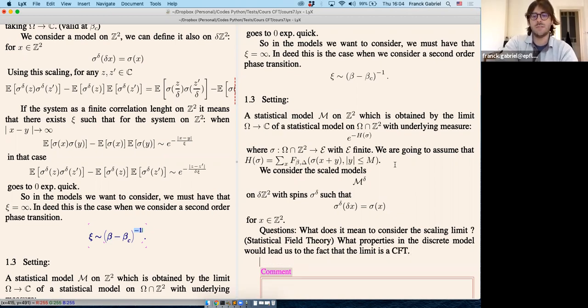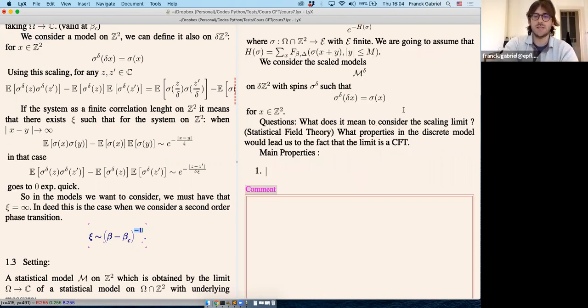The main property that we will need, and it's really this which will give us a lot of insight about CFT, is the universality property. Let me tell you a little about it. We have taken the grid and we are scaling it, and we have a continuous object.